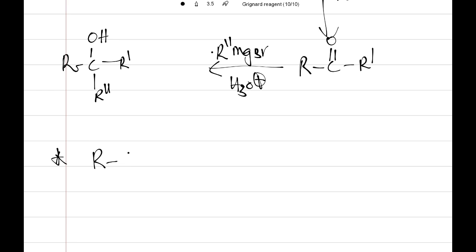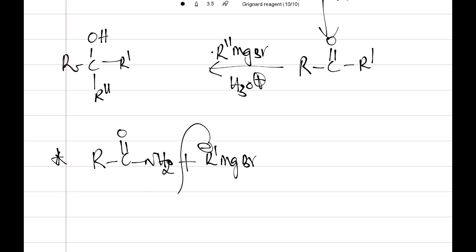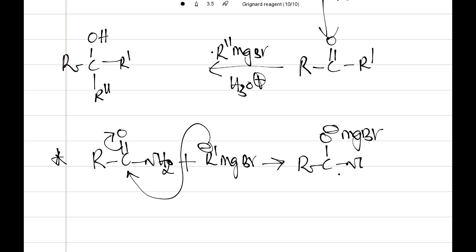So RC double bond O NH2 I am taking. When this reacts with one mole of Grignard reagent, the first mole of Grignard reagent, when R minus attaches to this electrophilic carbon, electrons are shifted towards this oxygen, and we can get the RCO minus and MgBr, and this is NH2, and downside I am writing R dash.